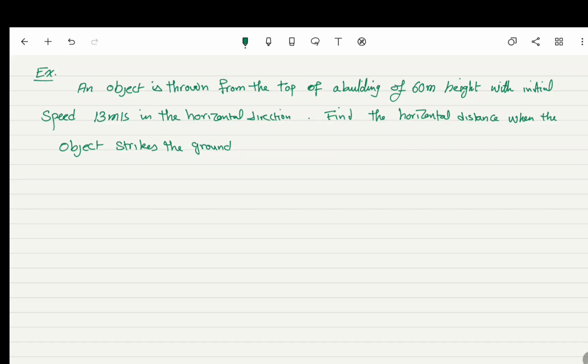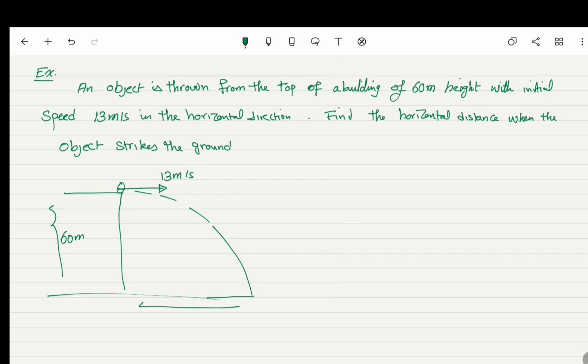So the situation is like this. This is the building with height 60 meters, and this is the ground here, and the object is fired horizontally like this, with initial velocity 13 meters per second. The ball will strike the ground here, and what we look for is the horizontal distance.